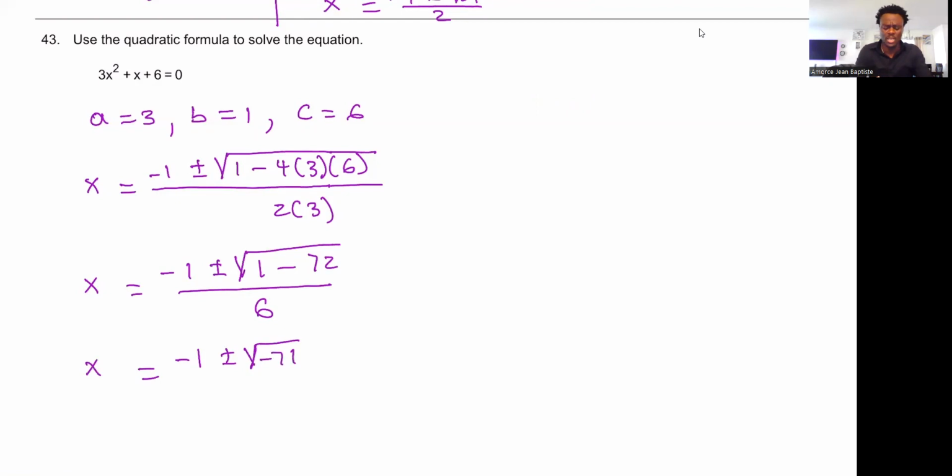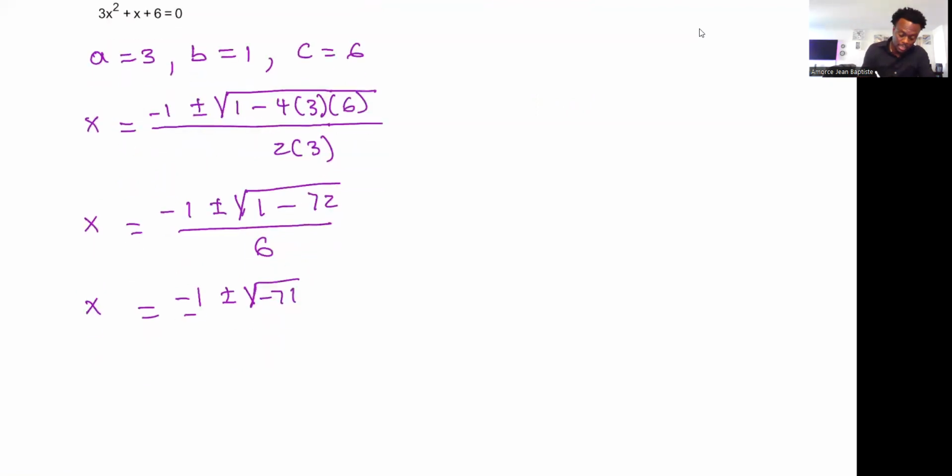And 71 has no way to be broken down into any factors except for 1 and 71. You know what this is. Prime number. Yes, for those of you who already said it. And then now your solution x equals negative 1 plus or minus i square root of 71 over 6 is our solution.